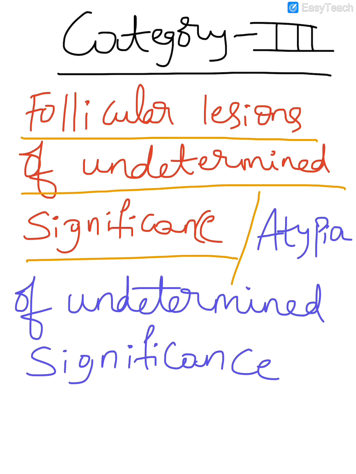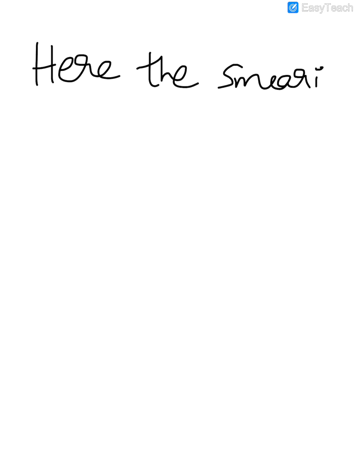Why do we call category 3 follicular lesion of undetermined significance or atypia of undetermined significance? Because here the smear pattern is not convincingly present.